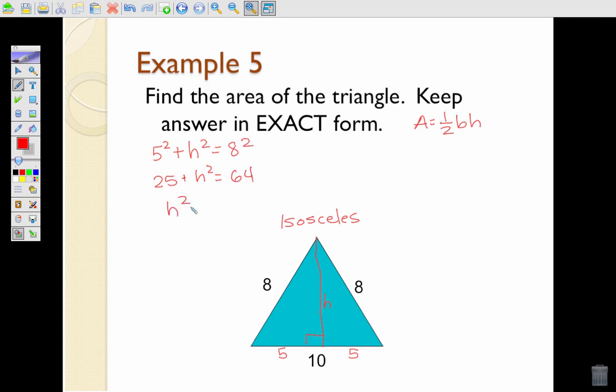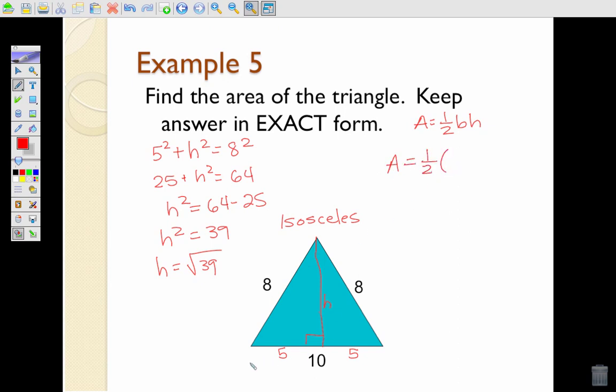So I go ahead and solve for h. So h squared is equal to 39. h equals the square root of 39. Now that finds h, but that's not what I was asked for.